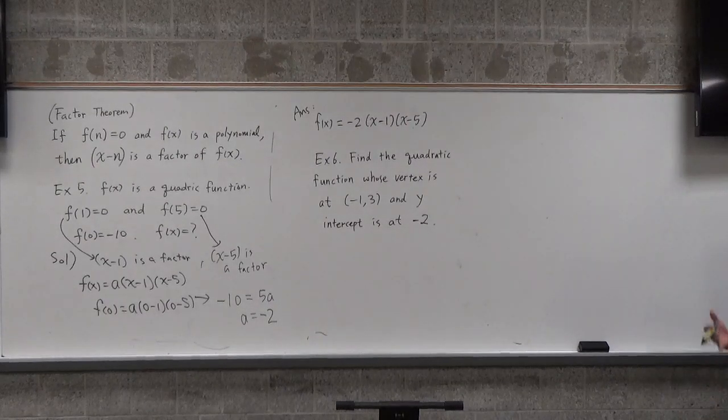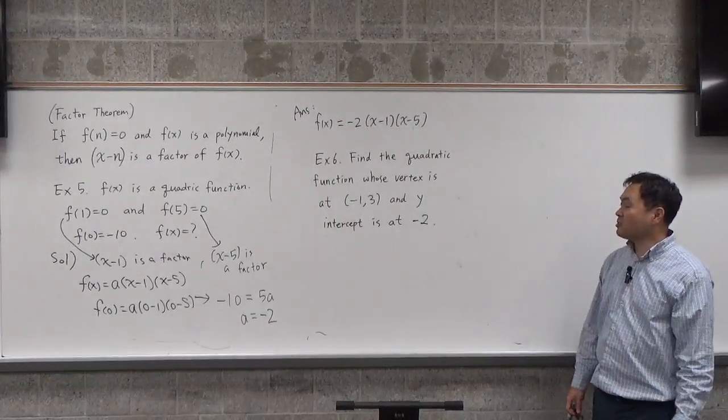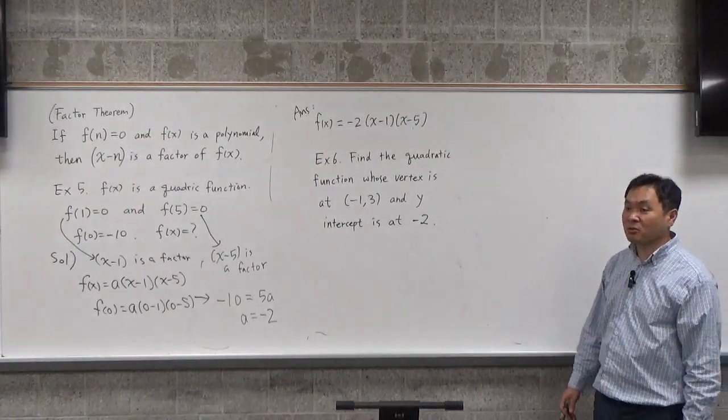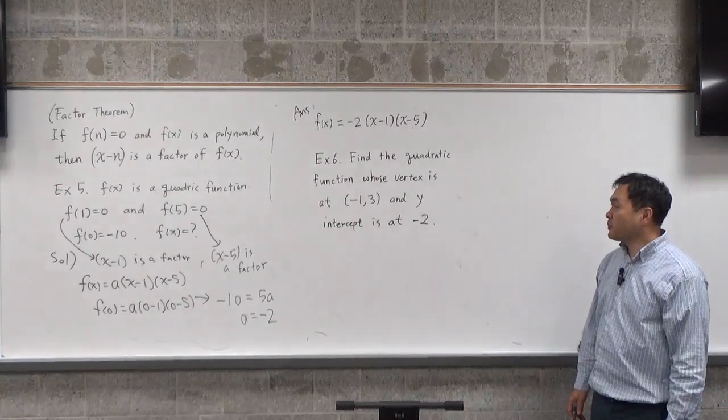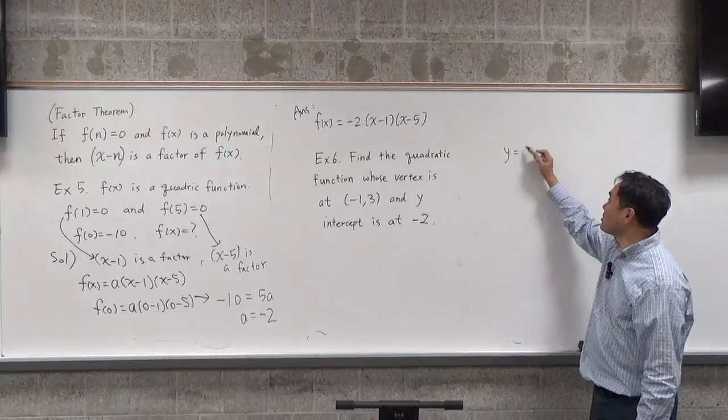This is the last type of question. Find the quadratic function whose vertex is at -1, 3 and y-intercept is at -2. This is a very different type of problem.